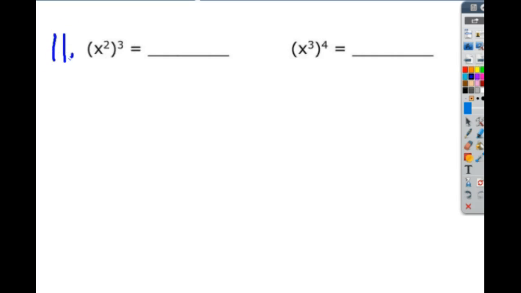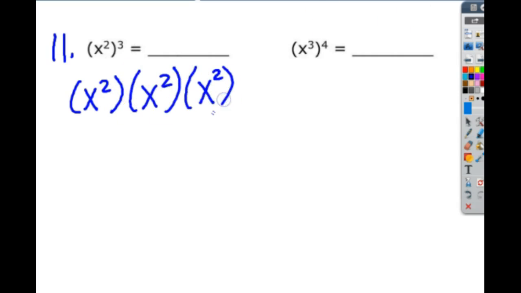So what does this mean where you have a power raised to another power? So the third power means there are 3 of these, and then x squared, so now it's all completely expanded out. And how many x's do I have in all?